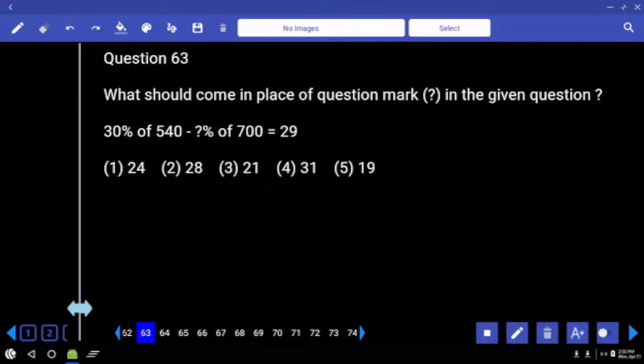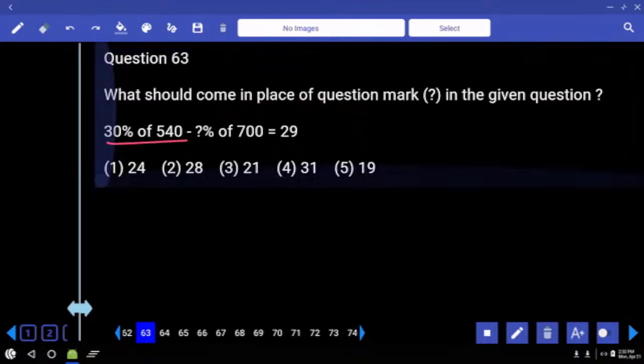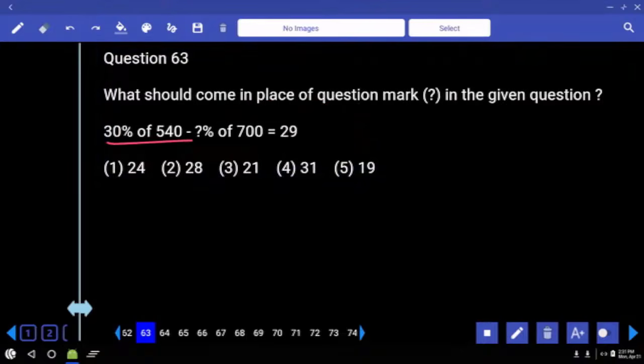63. This value goes to the other side. 29 comes to the left hand side. Is that okay? 30 percentage, 10% into 3. 10%, 54. 3 times. 162 minus 29. Let me calculate this. Instead of 29, subtract 30, add 1 later.